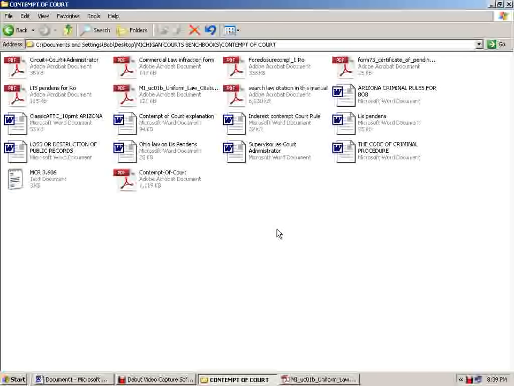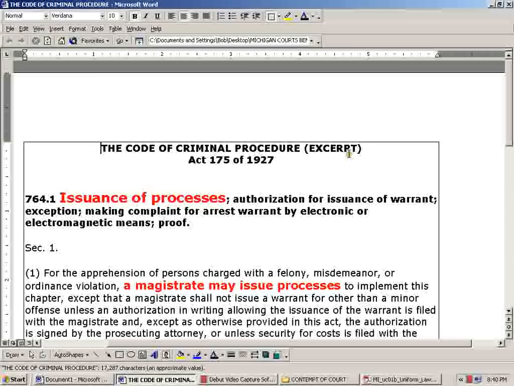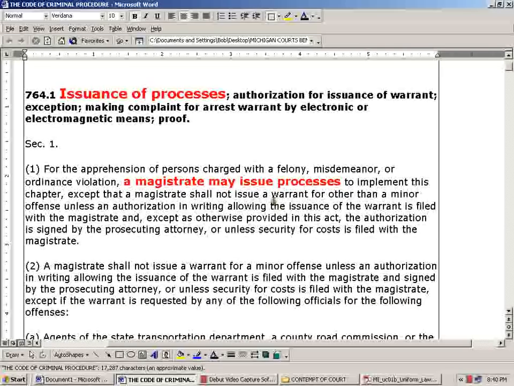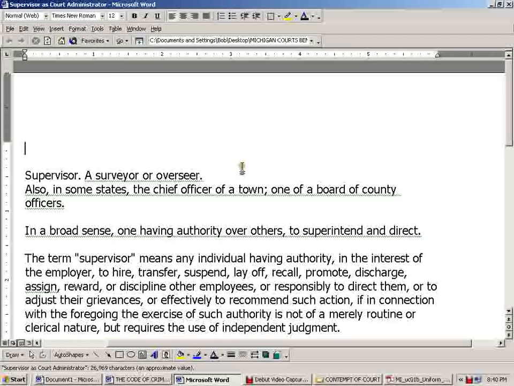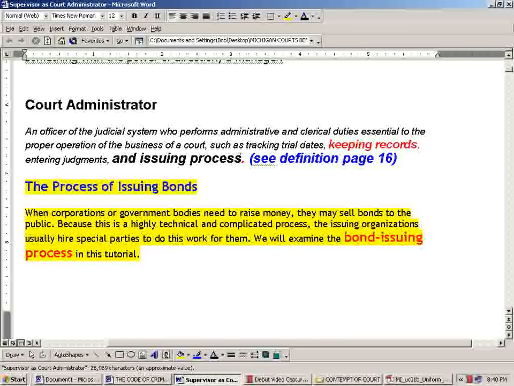Where was that one for Michigan? Issuance of process. Magistrate may issue process. Now, why is that important? Just real quick, I got so many of these things. I just wanted to pull little pieces out because it's good reinforcement. Let's look at this. Court administrator.